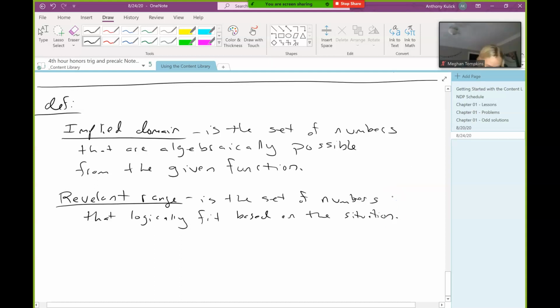Now this seems kind of vague and maybe not that clear. Oh, I'm sorry. This isn't range. This is relevant domain. So we have an implied domain and the relevant domain.